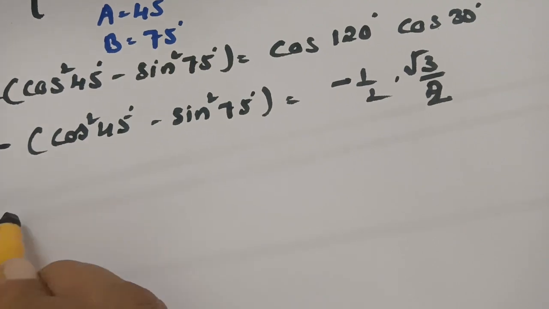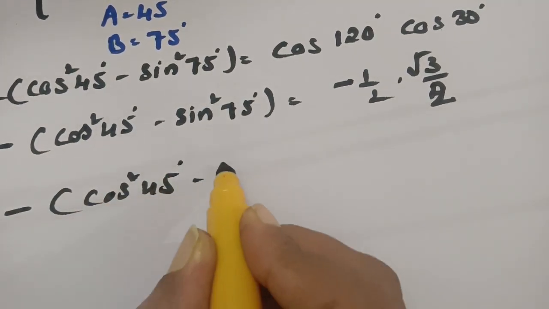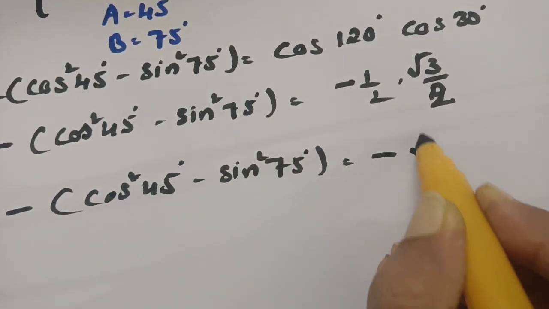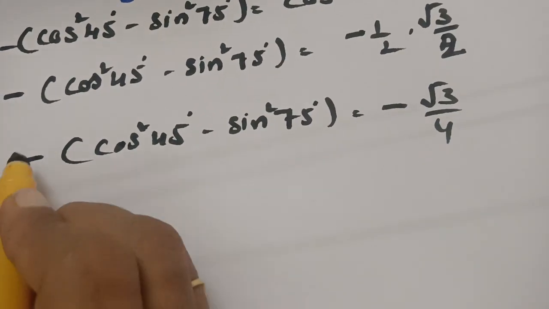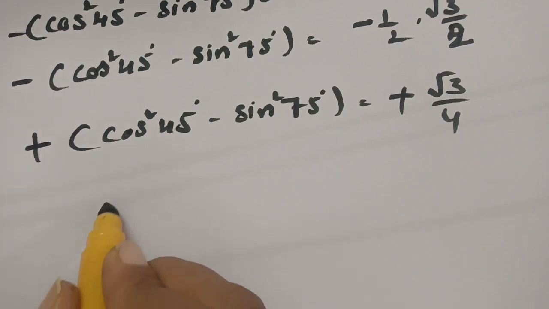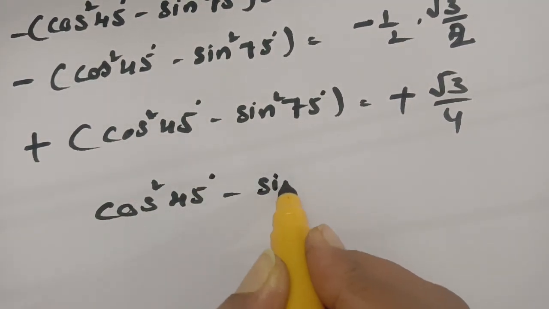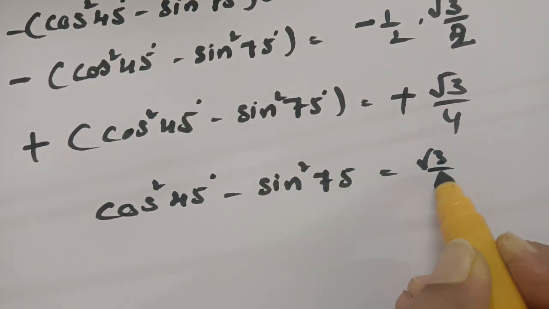Therefore this is minus of cos square 45 minus sine square 75 degrees is equal to minus root 3 by 4. See clearly, I can cancel this minus on both sides. If I cancel this minus on both sides, we got the value of cos square 45 minus sine square 75 degrees as root 3 by 4.